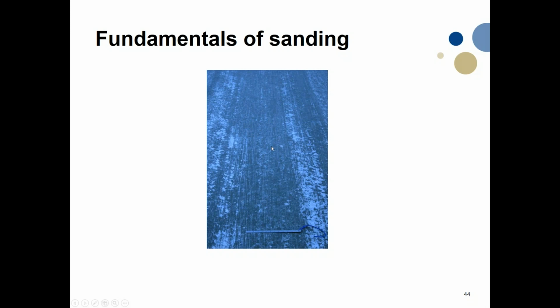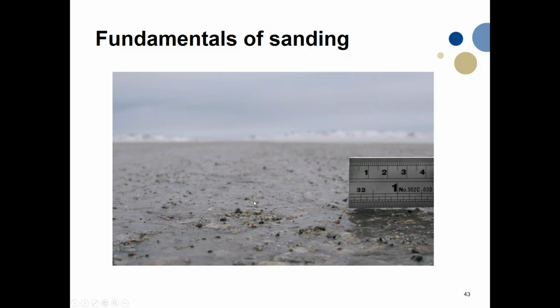But if you sand smartly, if you add sand early enough and the snow is still white, you may have a chance that some of the particles can actually get embedded in the snow layer, and the snow layer gradually turns into ice. And that's the case what you show here. So at this airport, they add sand structurally in an early phase, and the sand particles get basically embedded into the snow and ice layer.